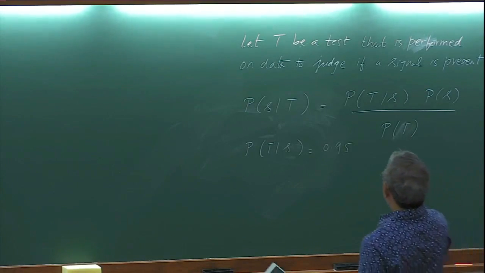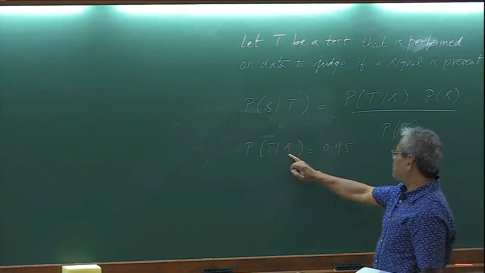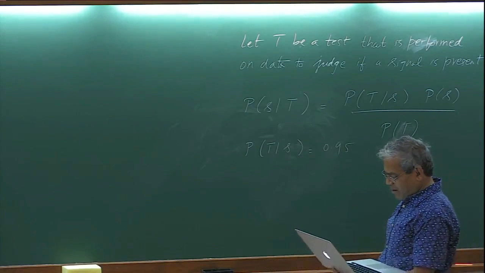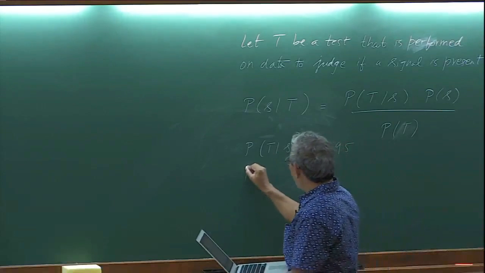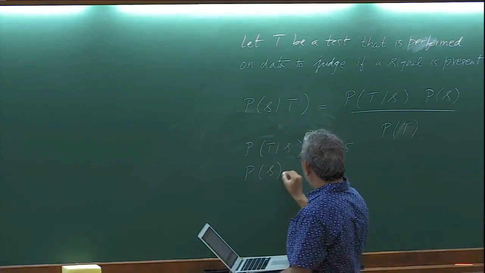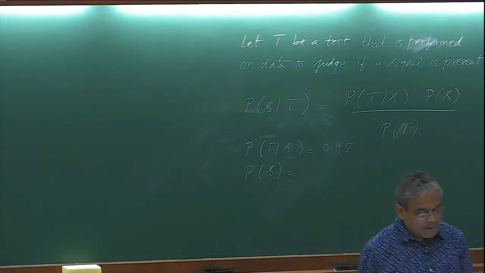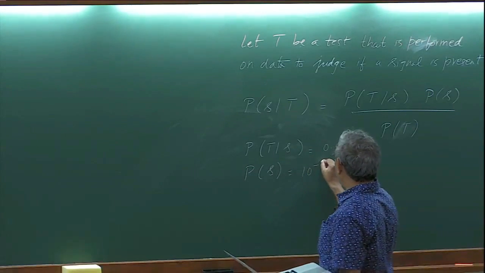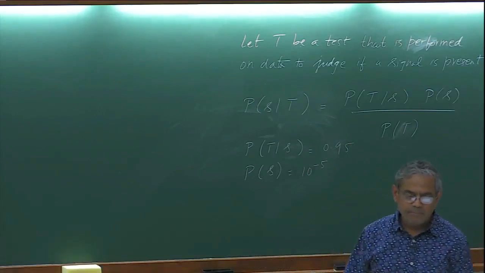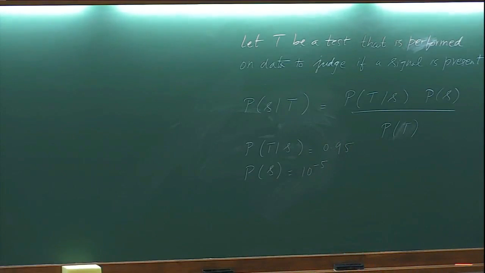So the effectiveness of the test when the signal is present is 0.95. I really need this in order to write down the numbers. The probability, however, that the signal occurs is very low. It's only 10 in a million. It's 10 to the minus 5.